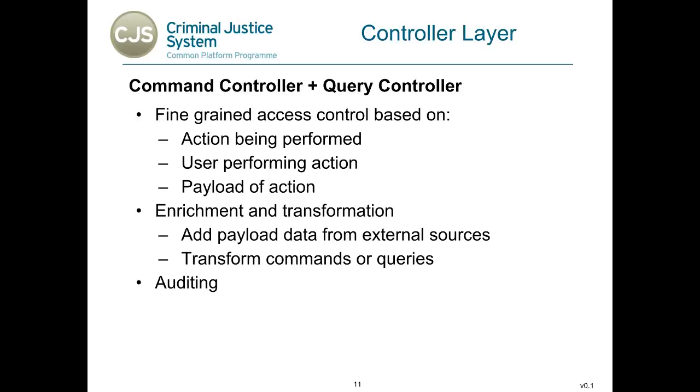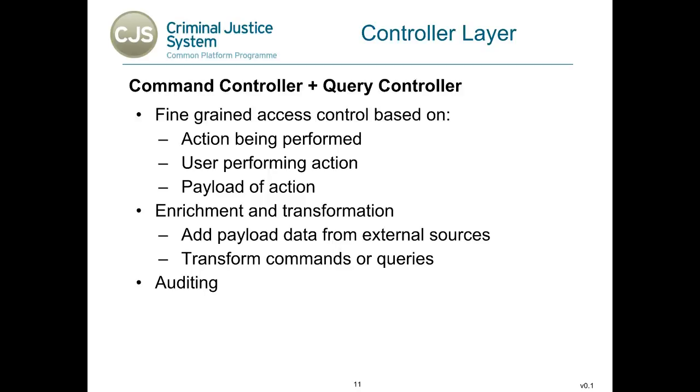So on the next layer down, the controller layer, I'm talking now not about all four pillars. I'm specifically just talking about the command pillar and the query pillar, because they have common responsibilities. So the first responsibility here is around fine-grained access control. So the difference between the coarse-grained and the fine-grained is crucially that third point on that list, the payload of the action being performed.